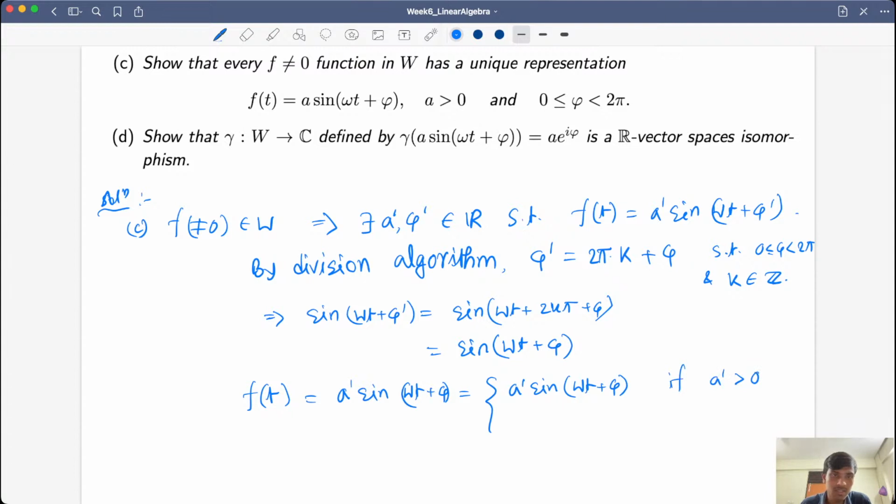Since f was non-zero, I must have a prime non-zero, right? It belongs to R, so a prime is clearly non-zero, otherwise f will become 0.